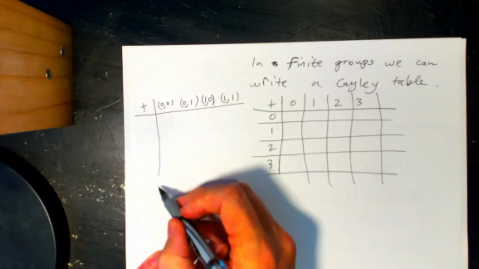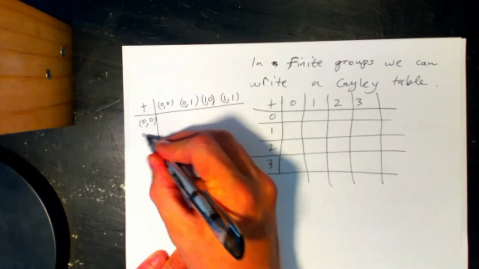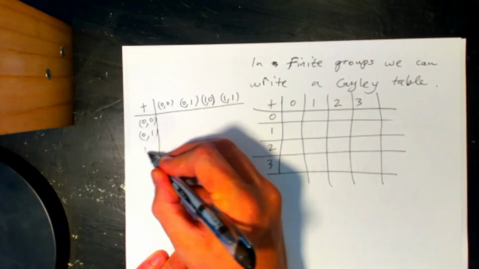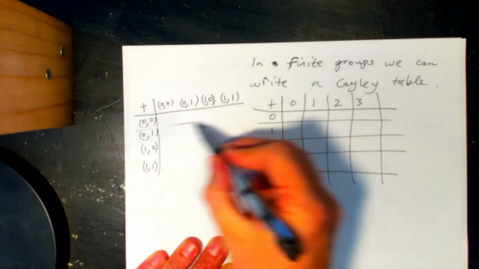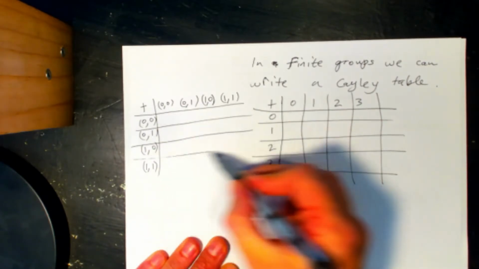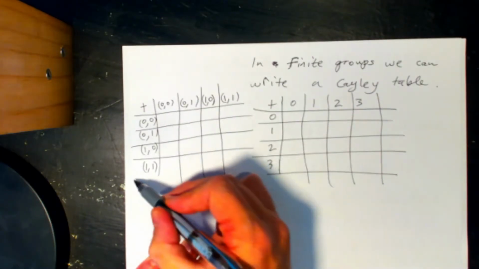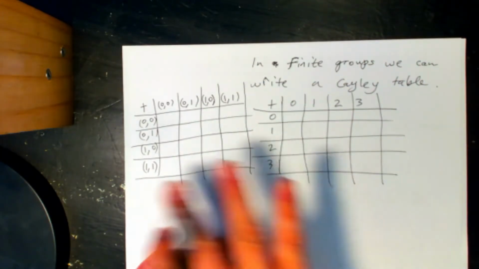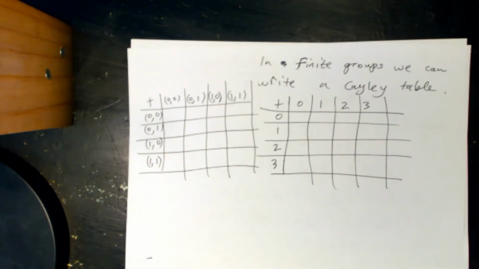I'll write this down that column as well: 0, 0, 0, 1, 1, 0, and 1, 1. Okay, so just so we can compare this, because this is an important concept in groups, rings, and fields.